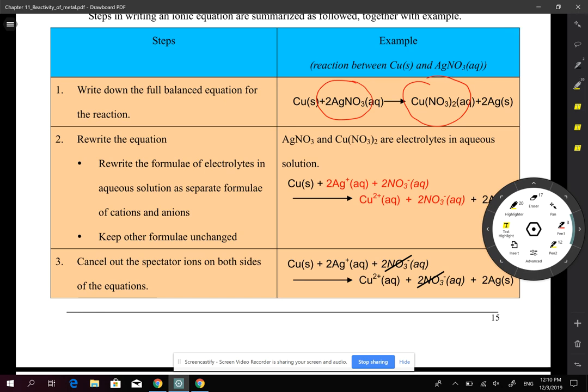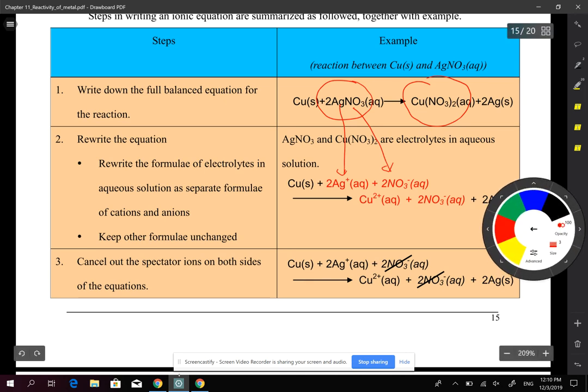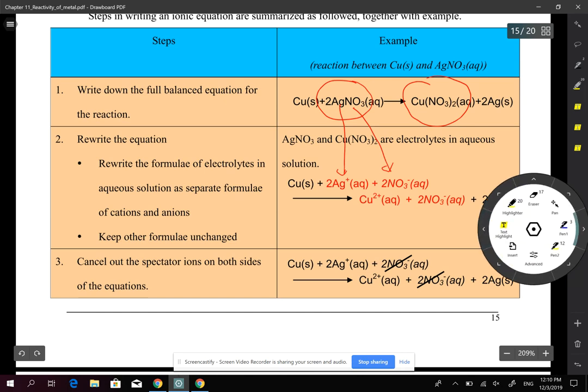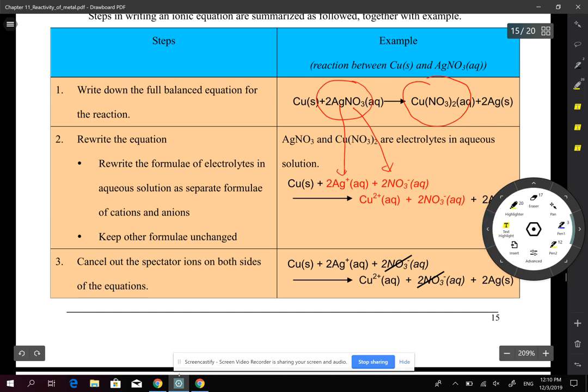Okay, 2 AgNO3 means that there are 2 Ag plus and 2 nitrate ions. And copper nitrate means that it has one copper 2 plus and 2 nitrate ions. Okay?